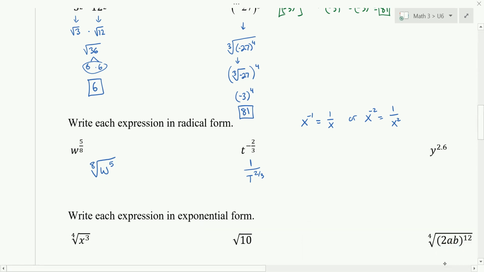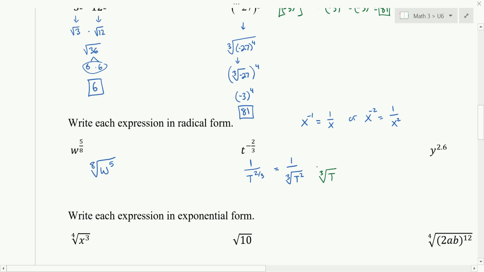Okay, so we first need to change that t to the 2/3 to the cube root of t squared. We can't stop there because we need to rationalize that denominator. So we multiply by what? The cube root of t. We already have two t's underneath the cube root. We need one more to make a set of 3.